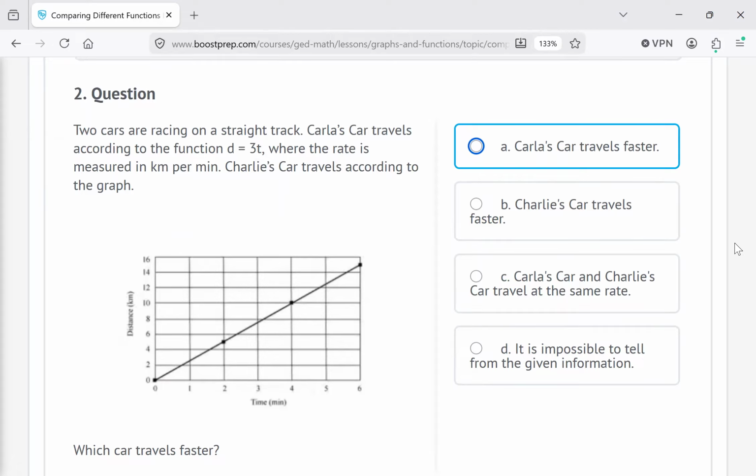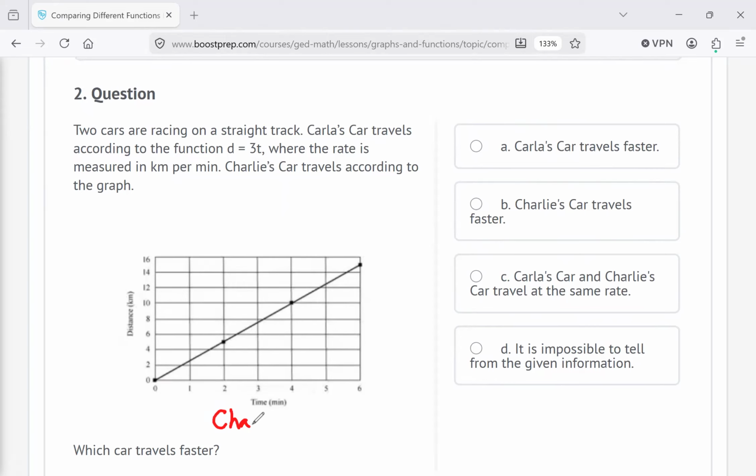This is like question one, it's very similar. We have two people, Carla and Charlie.